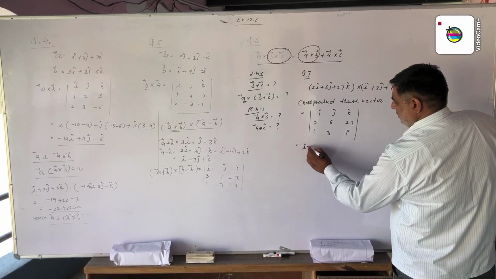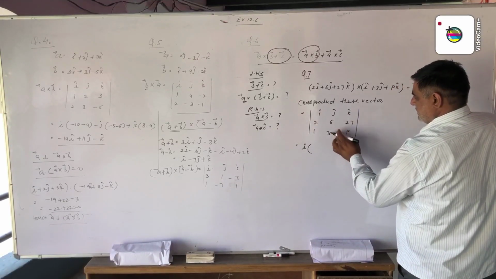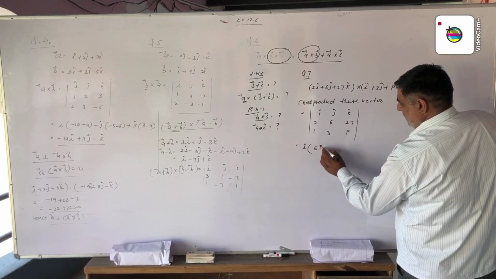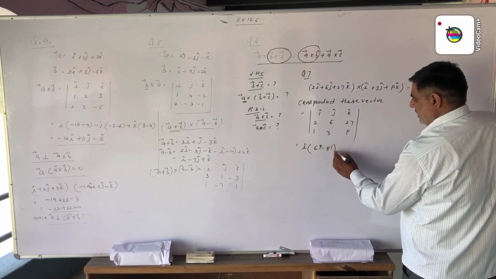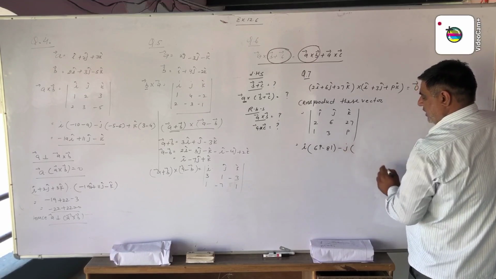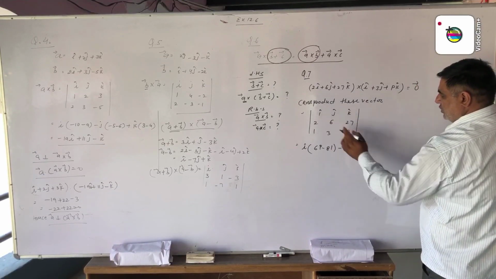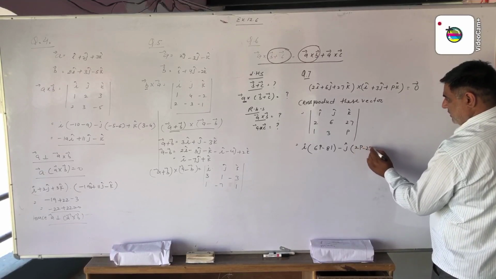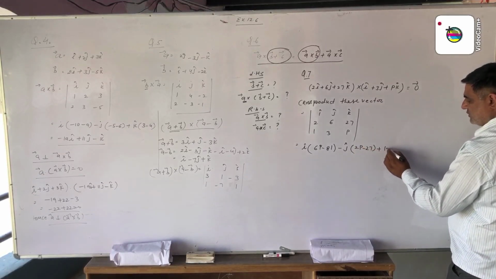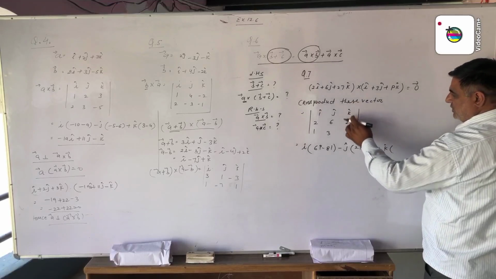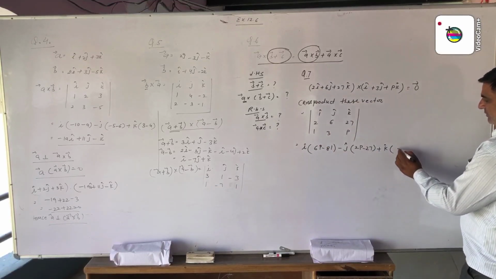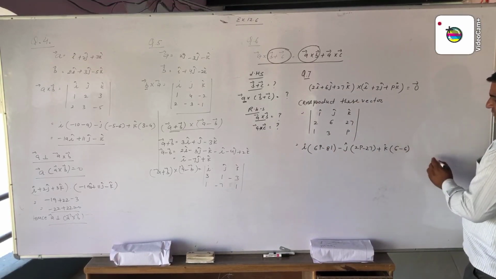Now we find the cross product of these vectors. I into 6P minus 81, minus J into 2P minus 27, plus vector K into 6 minus 6.